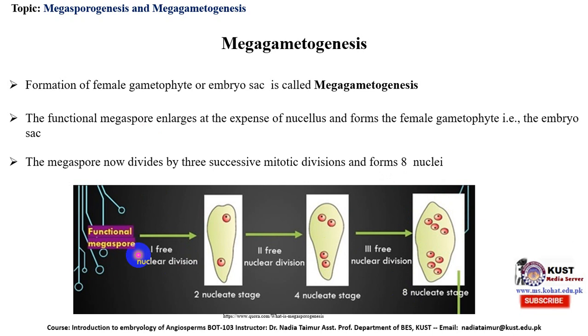The megaspore now divides by 3 successive mitotic divisions and forms 8 nuclei. So the first division forms 2 nuclei, the second division forms 4 nuclei, and the third mitotic or nuclear division forms 8 nuclei.